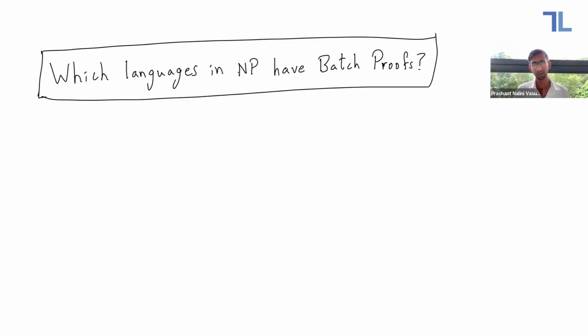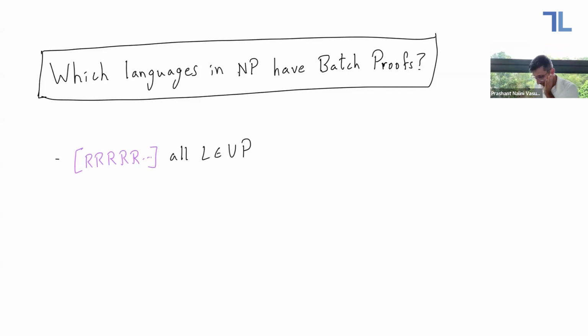As we'll get to eventually, this also has some implications for cryptography and so on. But we'll put that off till later. For now, we are interested in just this purely complexity theoretic question of which languages in NP, because of the way I have set this up, it's only defined for languages in NP. So which languages have these batch proofs? That's the question.